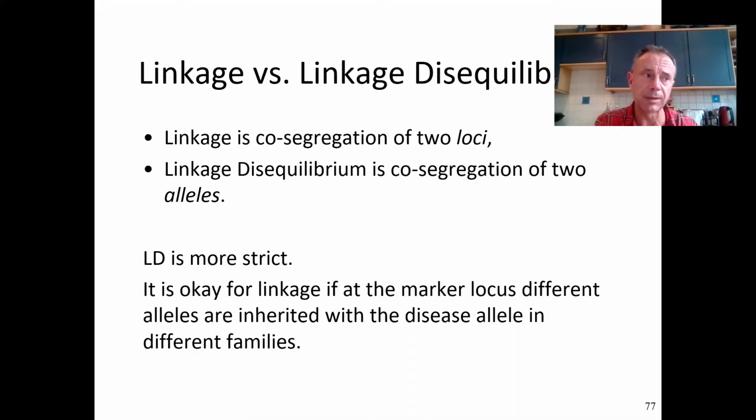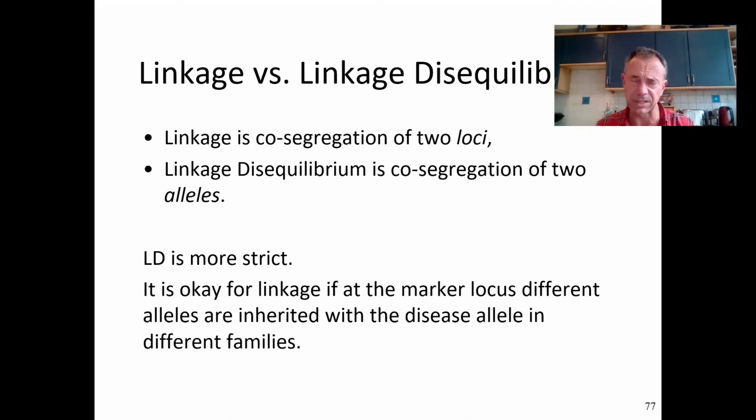And there is a problem with that, which you will hear about, but just supposing, as is true, there's more than one different mutation that will give you cystic fibrosis. Now, with cystic fibrosis, they were lucky because there was one that was especially common. But supposing you're in a situation where you have a number of different variants, each of which, if they damage that gene, will give you the disease. If those different variants are all segregating in your population, then any particular marker allele might be associated with one of those variants, but it's not going to be associated with the others.